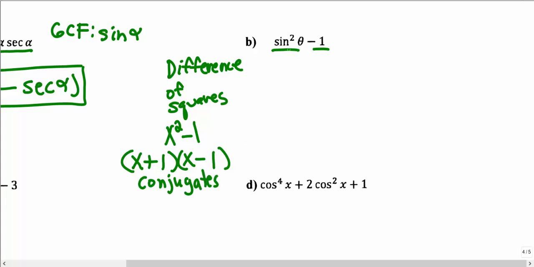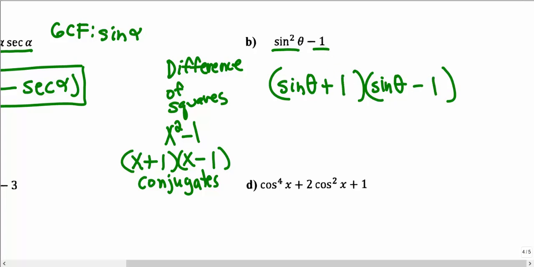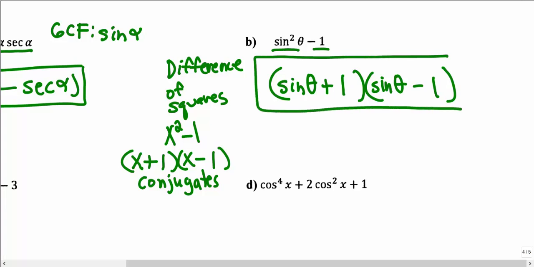So if I'm factoring sine squared theta minus 1, we will also factor this in a very similar way. But instead of putting x, what we're going to put in the front of both would be sine theta. Sine theta times sine theta gets me back to sine squared theta. We will have opposite signs in between, and then we have that 1 for the last two parts of our parentheses.